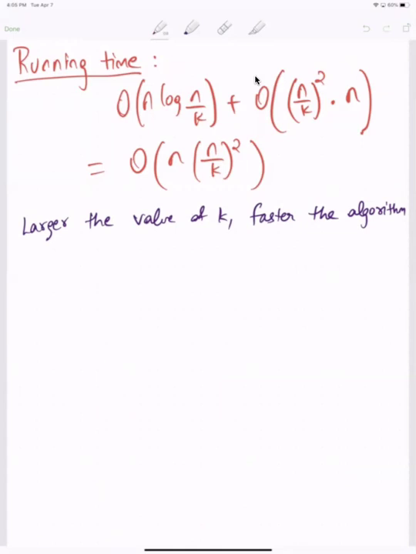In fact, if k is close to theta of n, then we get order of n running time.